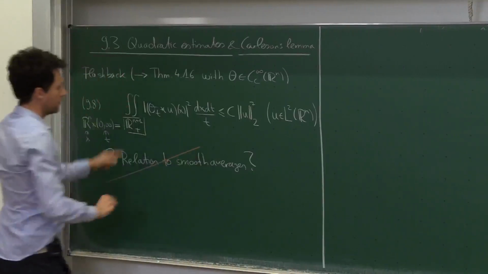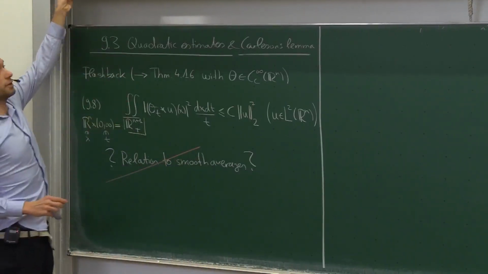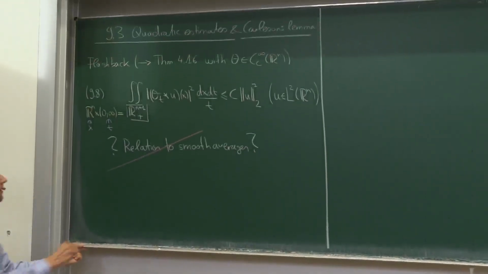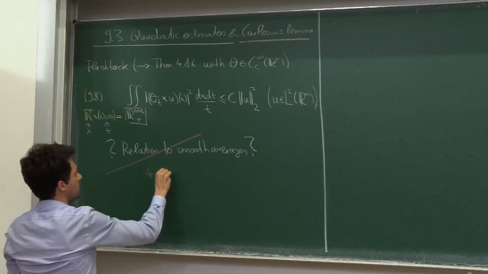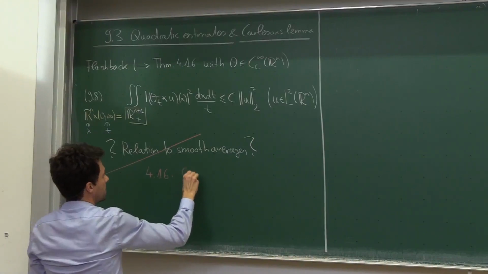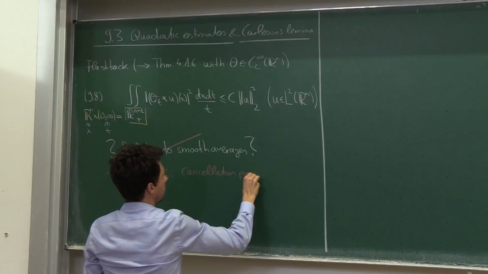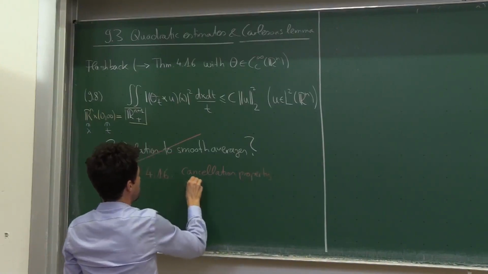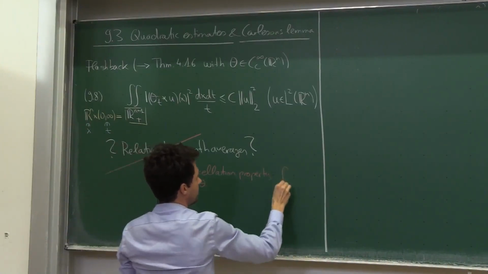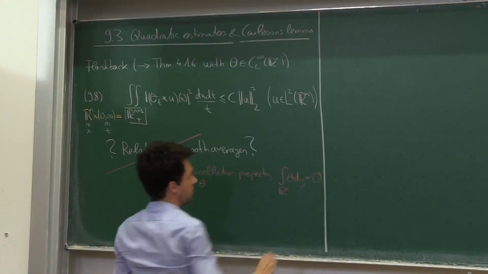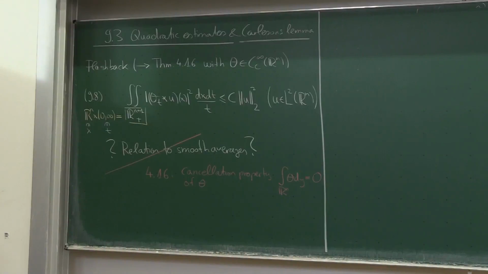A priori, this wasn't a statement about smooth averages, because what did we assume in Theorem 4.16? Theorem 4.16 assumed a cancellation property of theta, namely that the integral on Rn of theta would be 0, which is the complete opposite of any sort of averaging property, which you saw nicely in this proof over there.